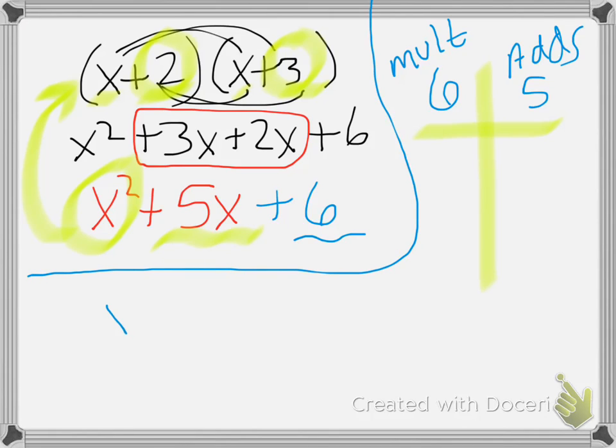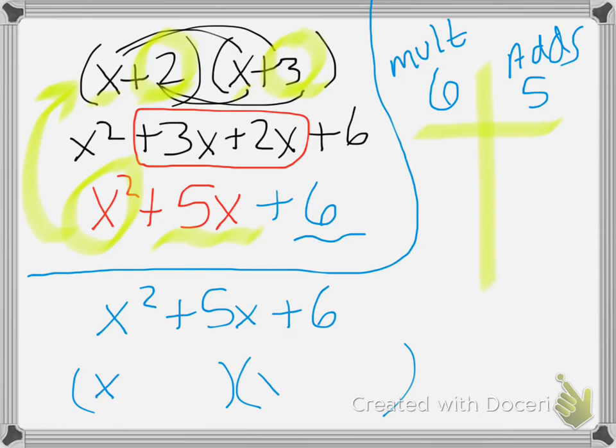All you see is x squared plus 5x plus 6. That's all you get, and you have to figure out how it goes in these parentheses. Well, you know that the first 2 terms are going to be x. You know that this middle term is what the 2 numbers add to, and you also know that they multiply to this last term of 6.